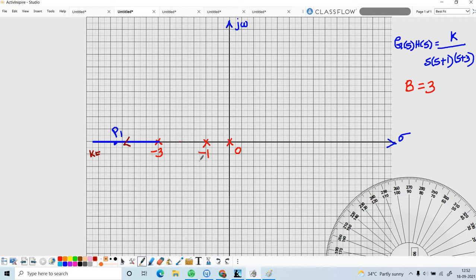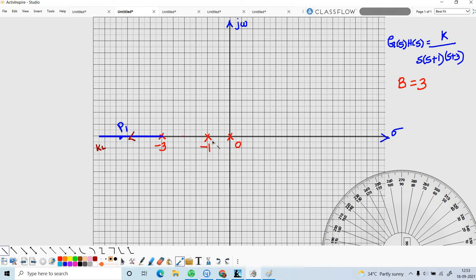Next I am going to consider a point between -1 and 0, point number 3. The number of poles to the right of point P3 is odd, only one. So the root locus exists between -1 and 0.